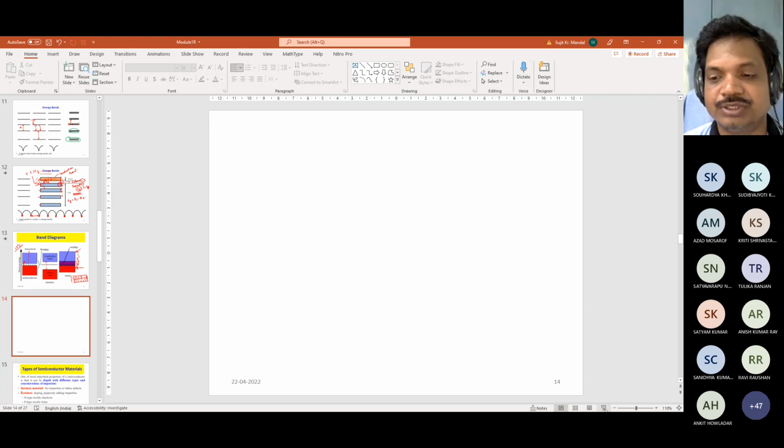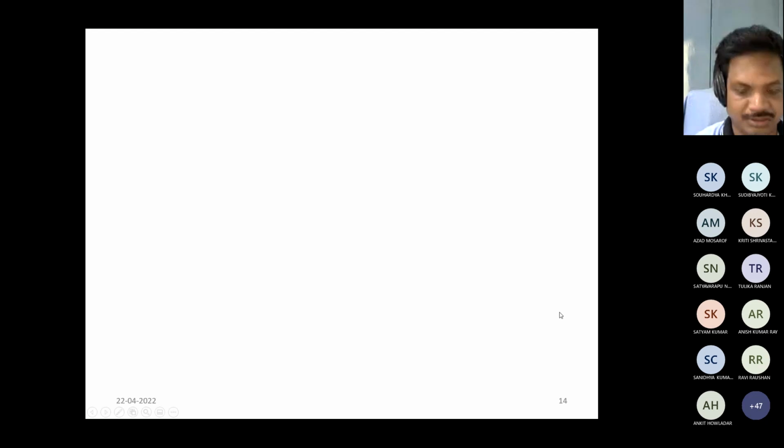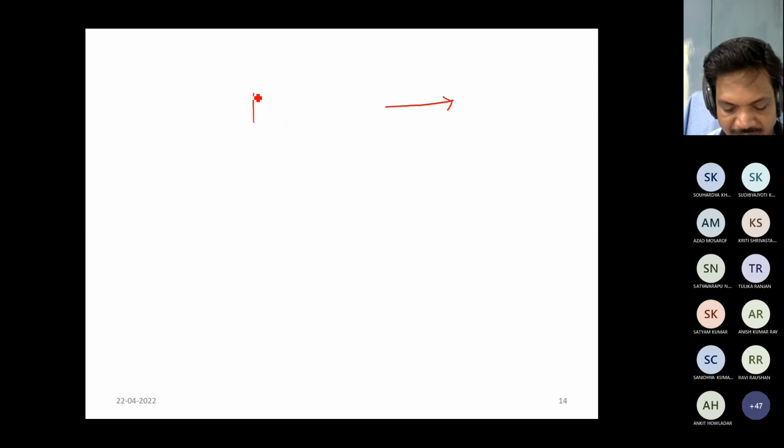Acha. If we see here, the current means the net flow of charge, rate of flow of the carriers, charges. So if we consider along this direction, the electron can move randomly along any direction, say like this, along this direction, this direction, this direction.